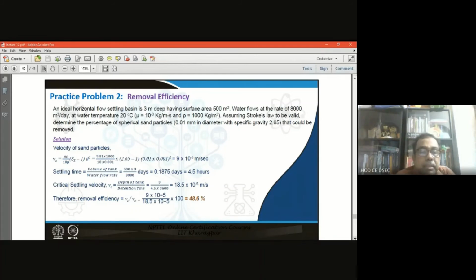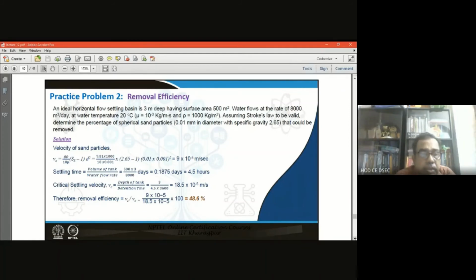So what percentage of sand particles can be removed? Maybe 100% of sand particles cannot be removed, because this is not working at 100% efficiency. So which percentage of sand particles will be removed is a design criterion. That is a very, very important phenomenon that you as an engineer must find out.